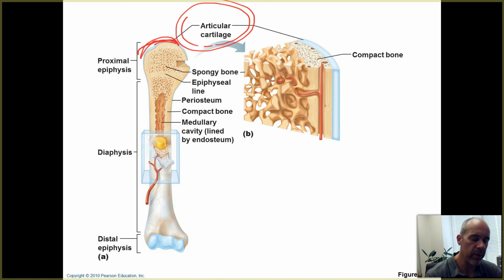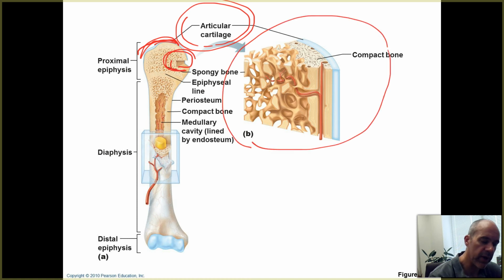Now if you cut open one of your long bones and looked at it in a cross section like you see here, you would notice, like over here, see how they've taken out a chunk of the epiphysis here and they've blown it up over here in more detail. Around the edges over here you have compact bone.